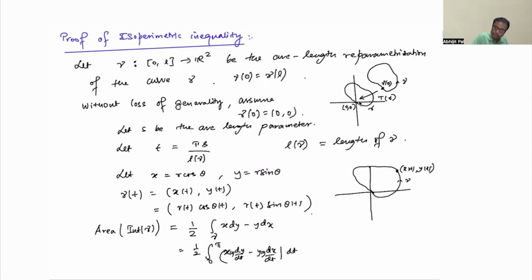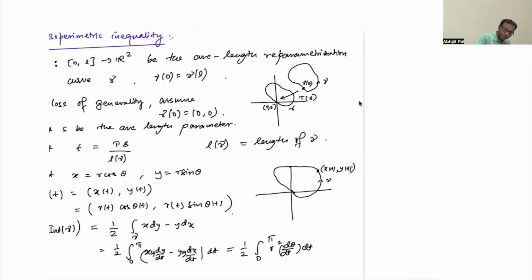Now x(t) is r(t) cos theta(t), y(t) is r(t) sin theta(t). If you plug this in here, you'll get half of the integral from 0 to pi of r square d theta/dt dt. So you have the area.